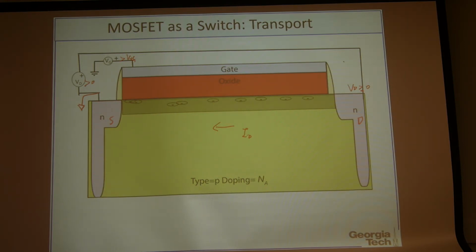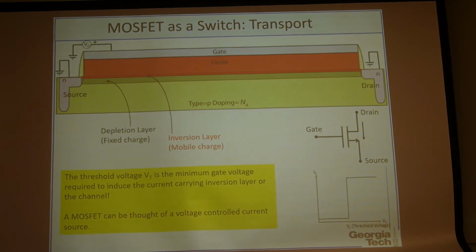Okay, so this is the current flow in the MOSFET. In this NMOS, current flows from the drain to the source. Electron move from the source to the drain. This is above the threshold voltage, where you create this channel under the oxide. So this is the channel.